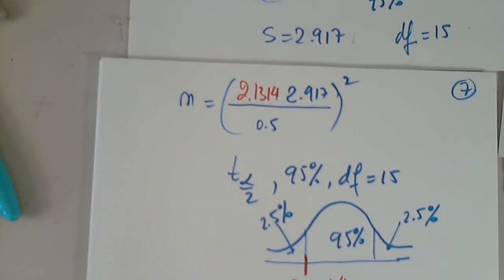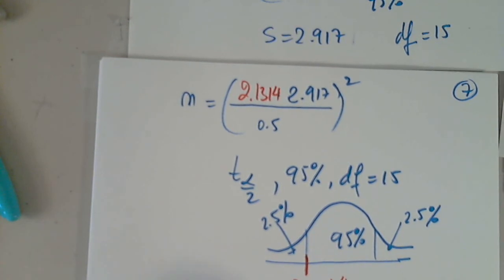So I'm going to write that n is 154.6, so it has to be n equals 155.